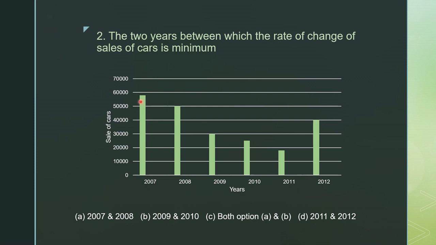So initial value minus final value divided by initial value, into 100, and we get the rate of change of sales of cars.